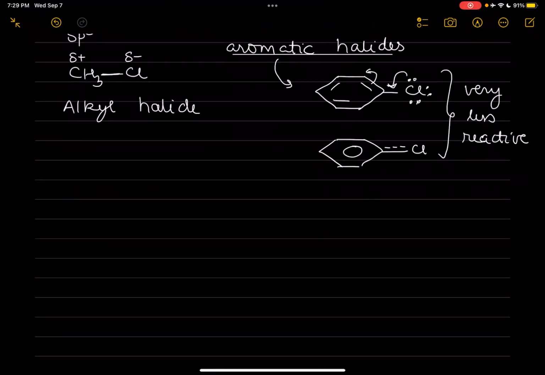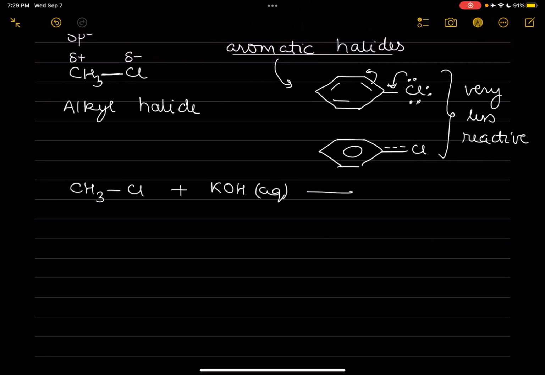So now let me compare the situation by showing you the reaction. CH3Cl is there, KOH aqueous is there, and just now Zan told that it will happen, the Cl minus will come out and OH will get attached, giving CH3OH and KCl. That's correct.